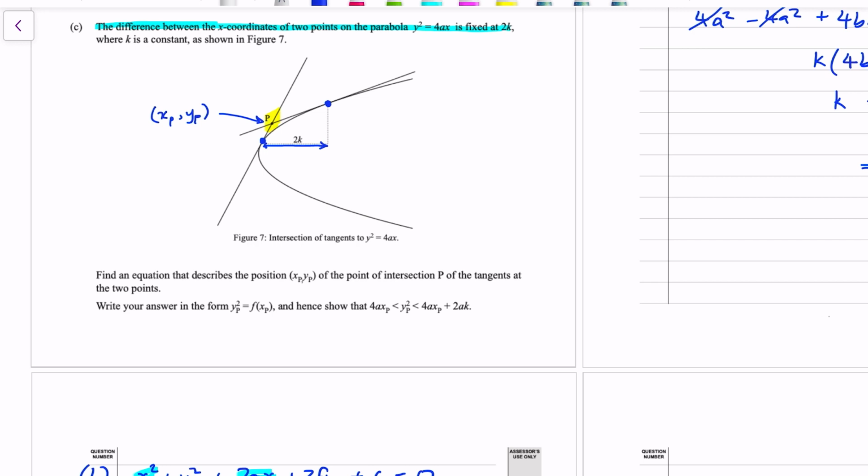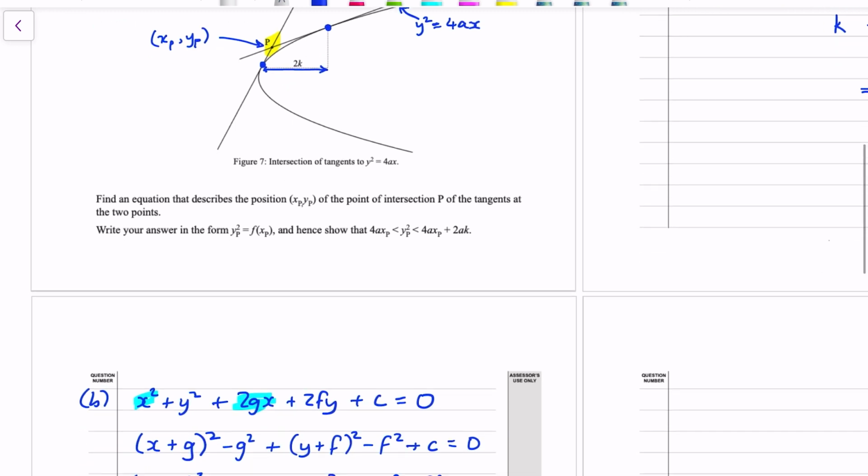So this point here, which has been given coordinates xp, yp. The first thing, I guess, to point out is that those 2 points, we don't know where they are. All we know is that they're on the equation y squared equals 4ax. So first thing I'm going to do is call them, I could call them xa, ya and xb, yb. But it turns out I don't need both of those.